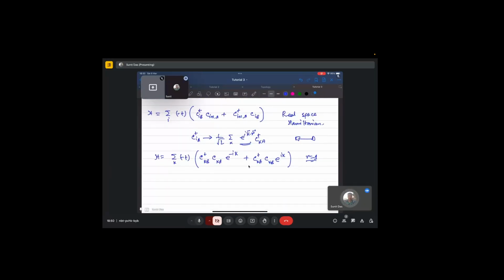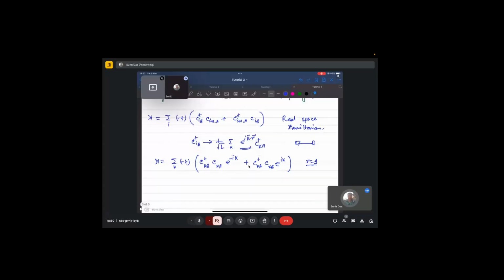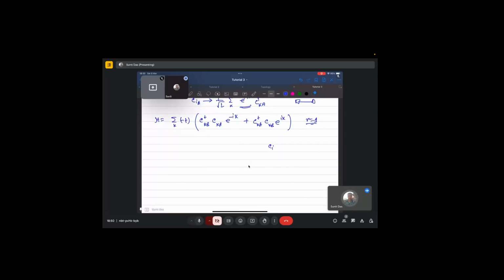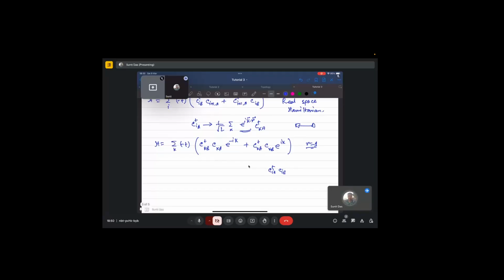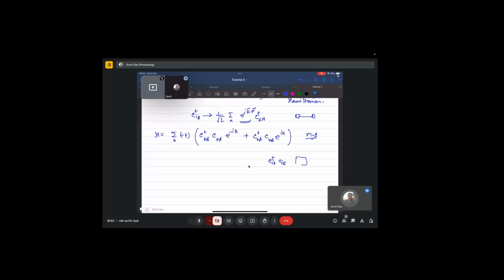In the previous case we had a Hamiltonian like c_iA dagger c_iB, and in the Fourier transform we didn't have any R because we are within the unit cell itself, two atoms are there within the unit cell.